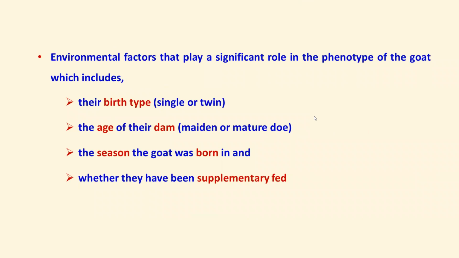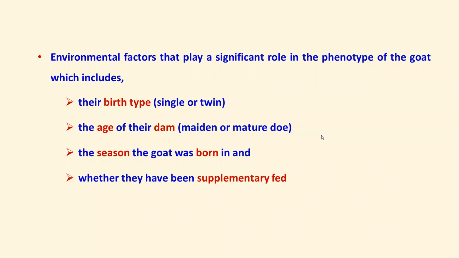Now, these are the environmental factors which affect the genetic part, like the birth type, either it is single or twin, then the age of their dam, then the season the goat was born in, and whether they have supplementary feed or what kind of feed they are having. Based on these environmental factors, the genetic part of the animal is getting kind of modified, you can say.